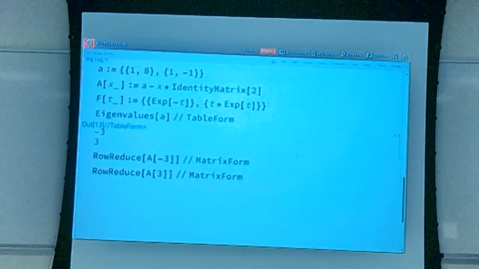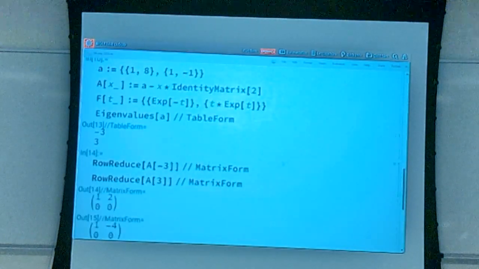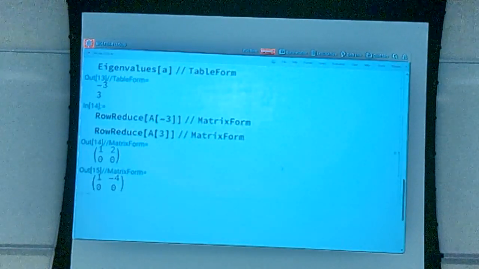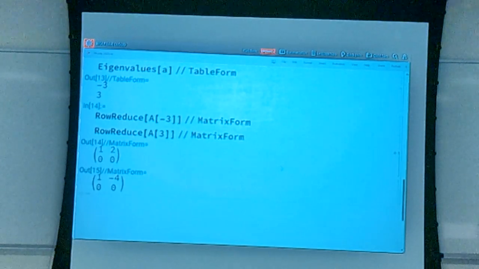Just plug those into A or reduce. Use those two matrices. What is one solution? -2 times what? e to the -3t. That's one solution.